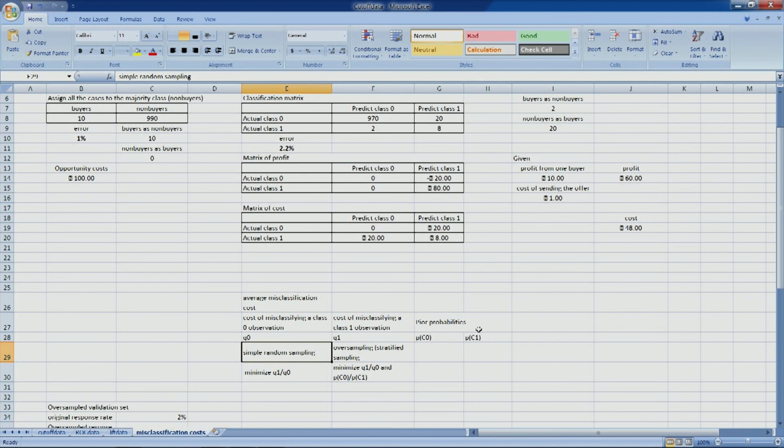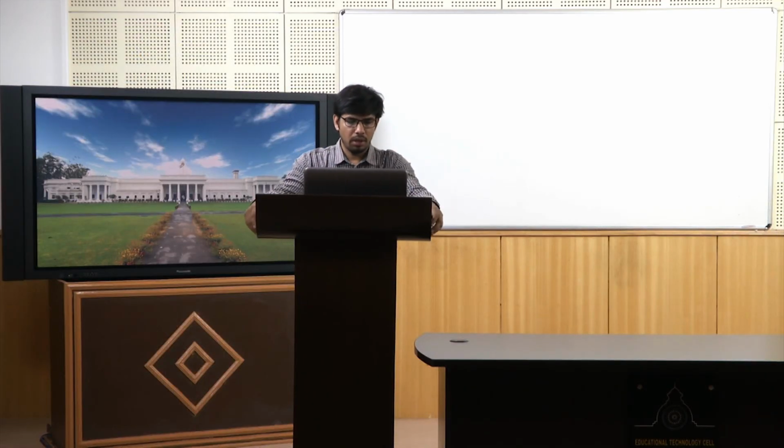Earlier, simple random sampling might not work in case of prior probabilities, because if there is a rare case, we will have to do oversampling for that particular case. For that we use stratified sampling.